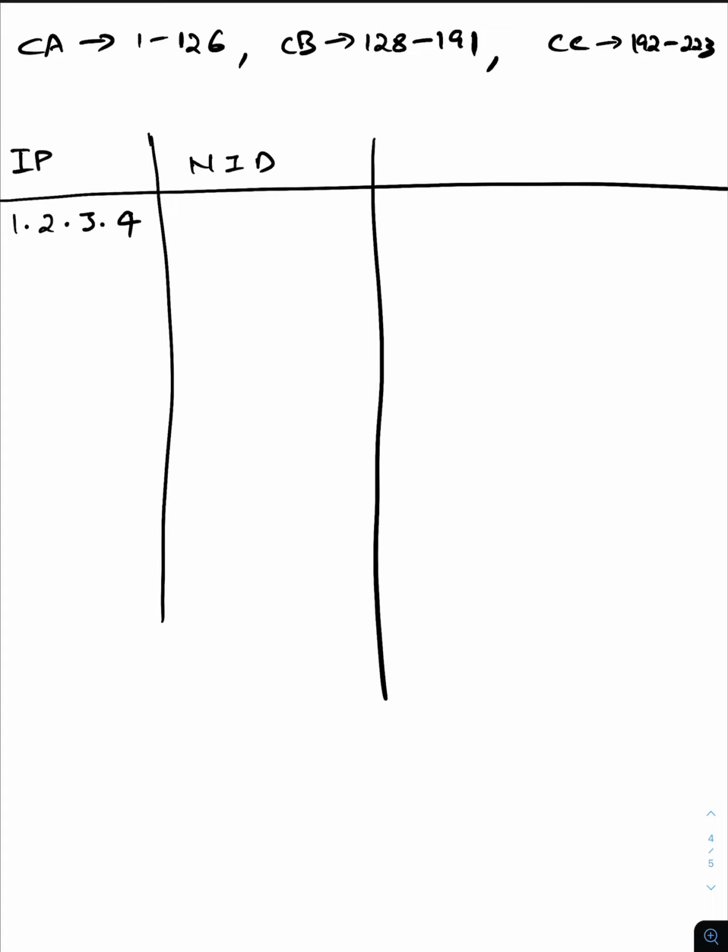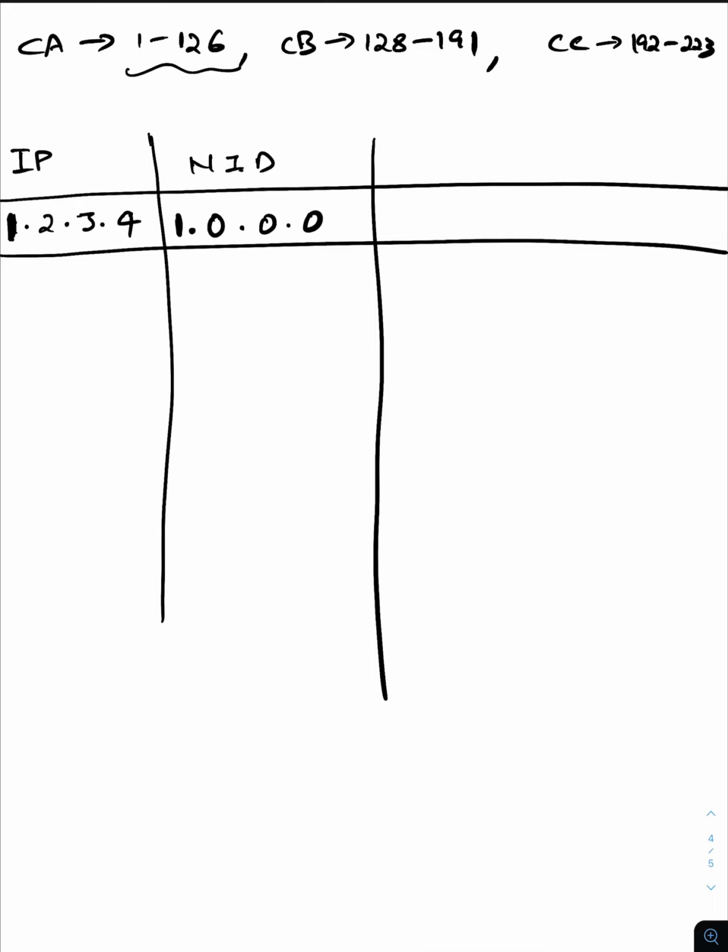So what would be the network ID for this one? Since it's class A, as the first octet is between 1 and 126, your network ID is 1 followed by all the zeros. So 1.2.3.4 belongs to the 1.0.0.0 network.